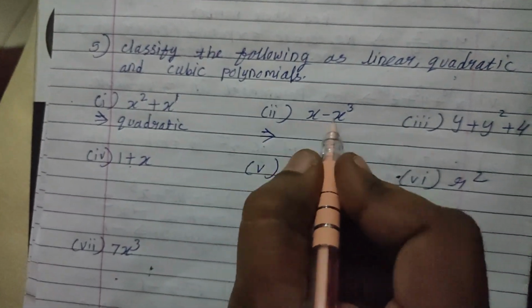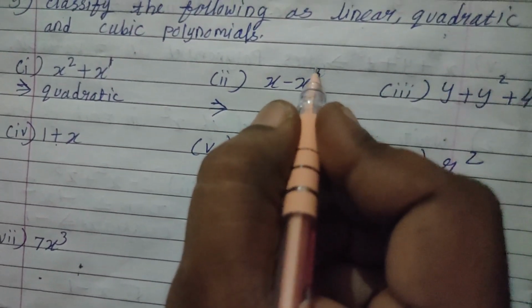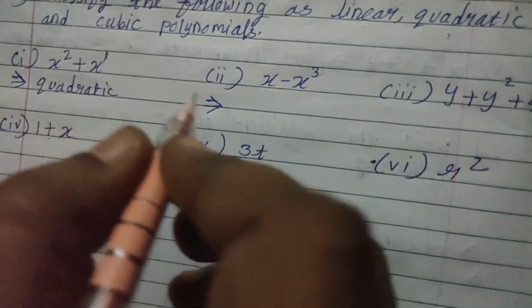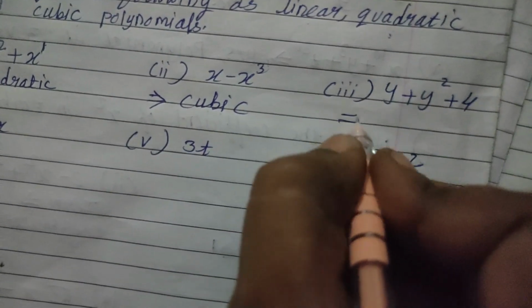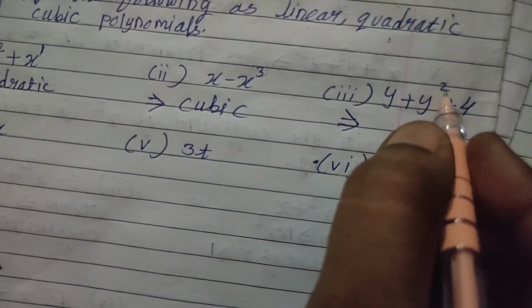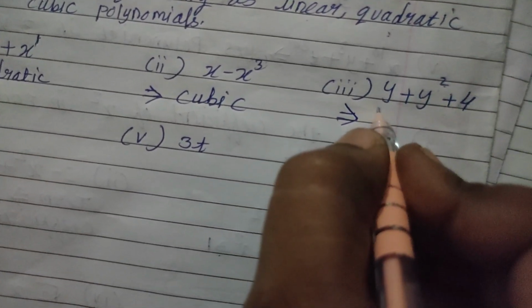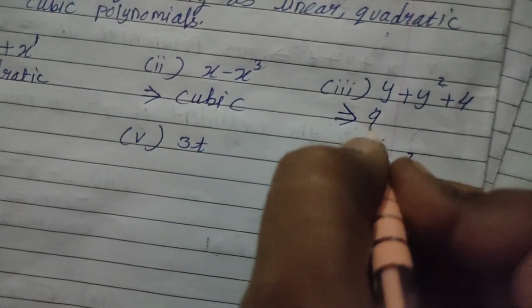Now here x minus x cube, the highest power is 3, that means degree is 3, so it will be cubic. Now third one, y plus y square plus 4, the highest power here is 2, that means degree is 2, so it will be quadratic.